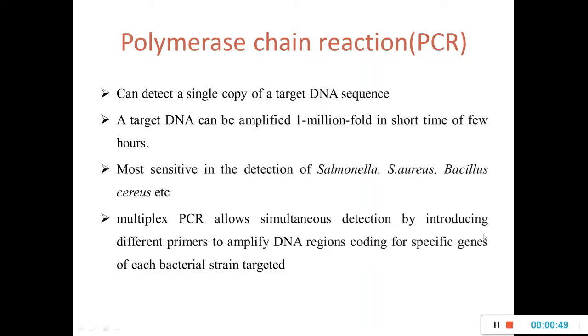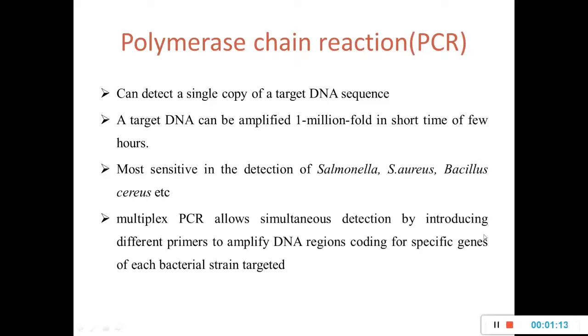Using the PCR technique, we can detect even a single copy of a target DNA sequence. A target DNA can be amplified to about 1 million fold in a short time of a few hours using the PCR technique. And it is the most sensitive technique for the detection of Salmonella, Staphylococcus aureus, Bacillus cereus, etc.